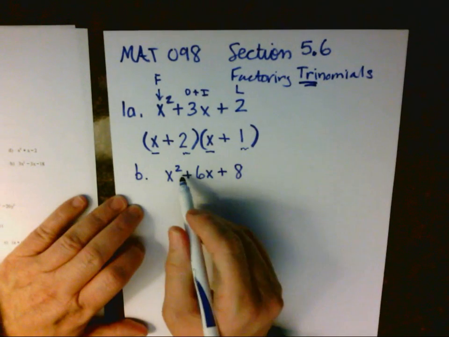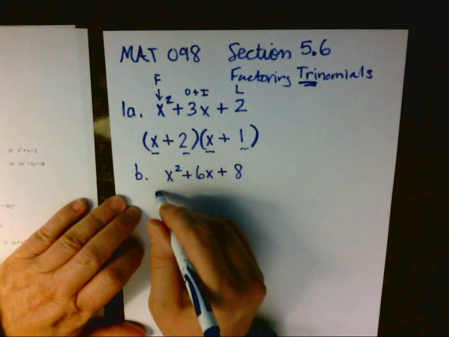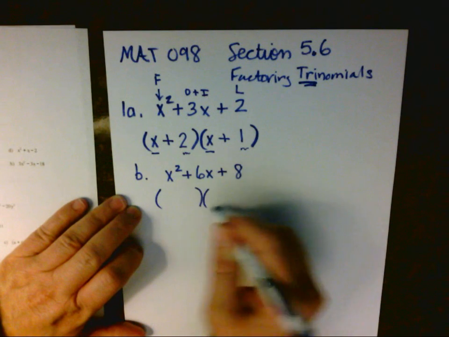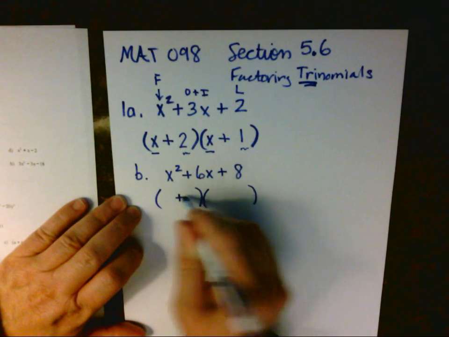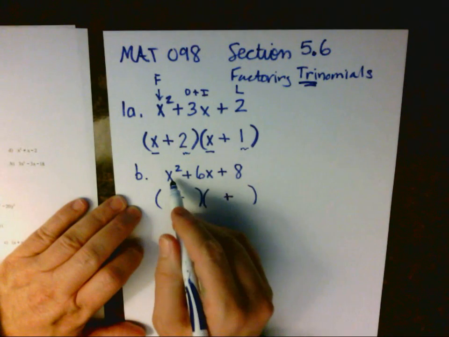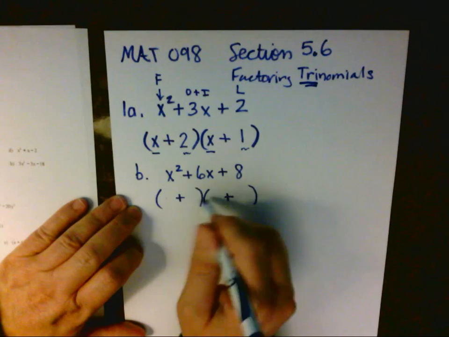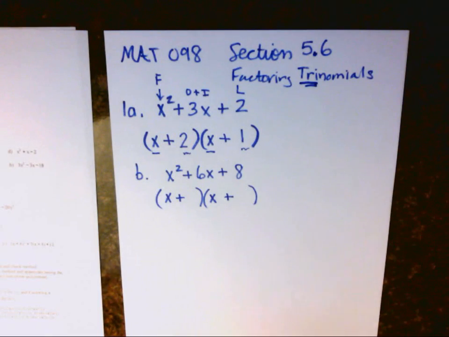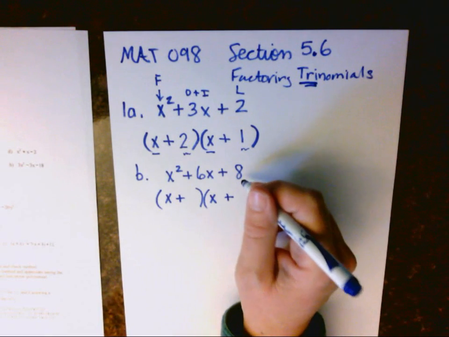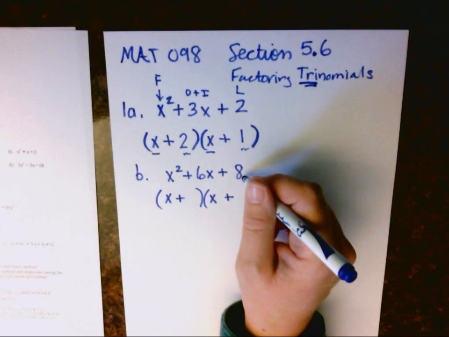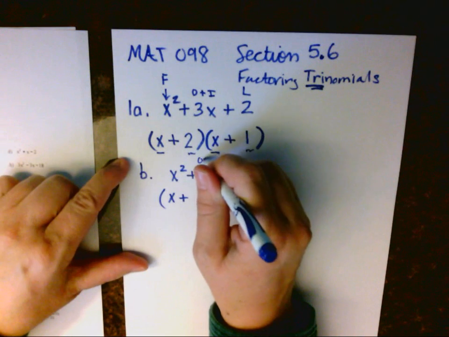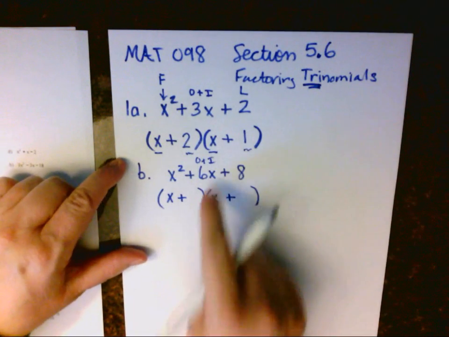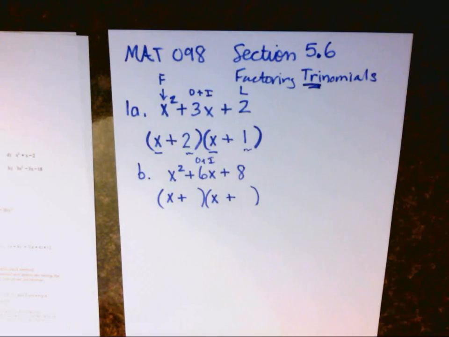Alright. Again, we have all positive signs. So we know the two binomial factors will both have positives. To get the x squared as the first term, the two first terms need to be an x times an x. Now, we need numbers that multiply to give us 8. And when we add for the O and the I in the middle, those numbers need to add up to 6.